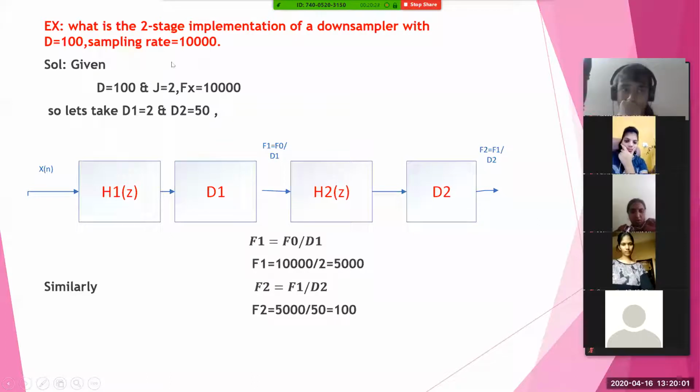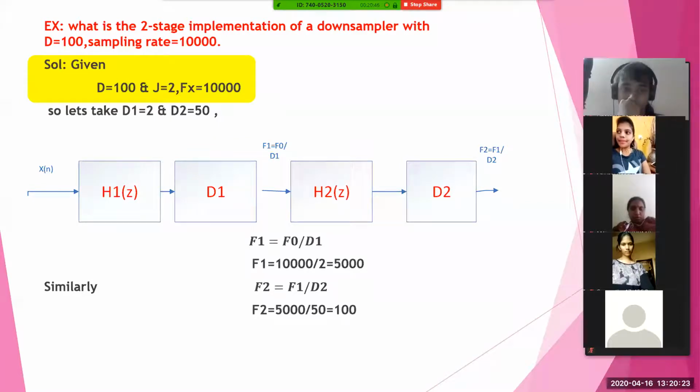The information given to us is that D is 100. Here D is the decimation factor, and J is 2, that is the number of stages, and Fx is the initial sampling rate. And we want that to be reduced by a factor of 100.